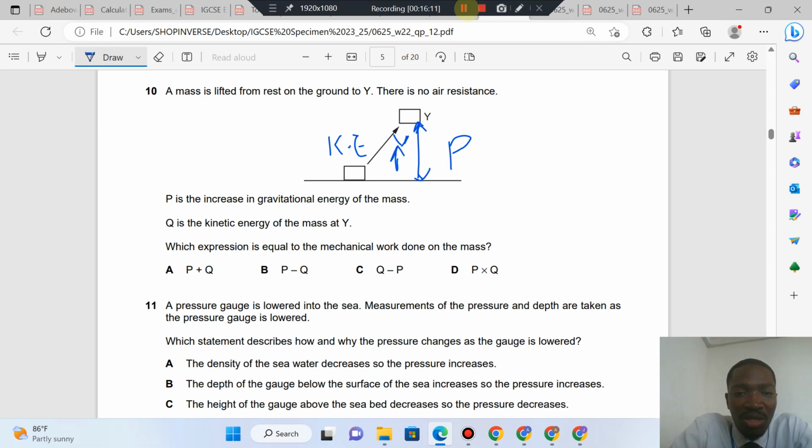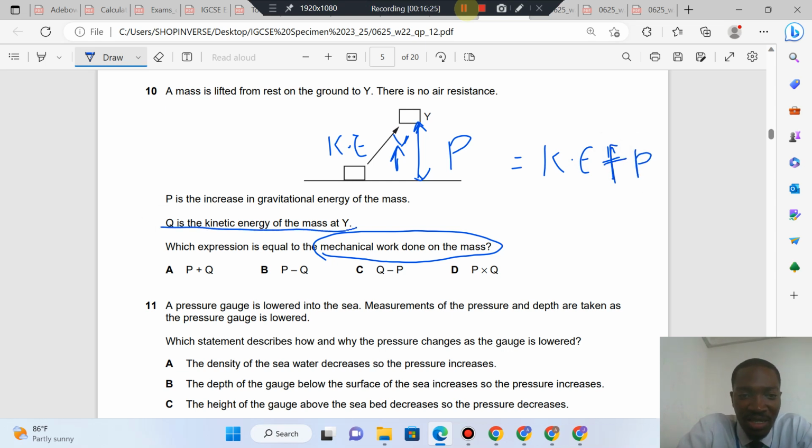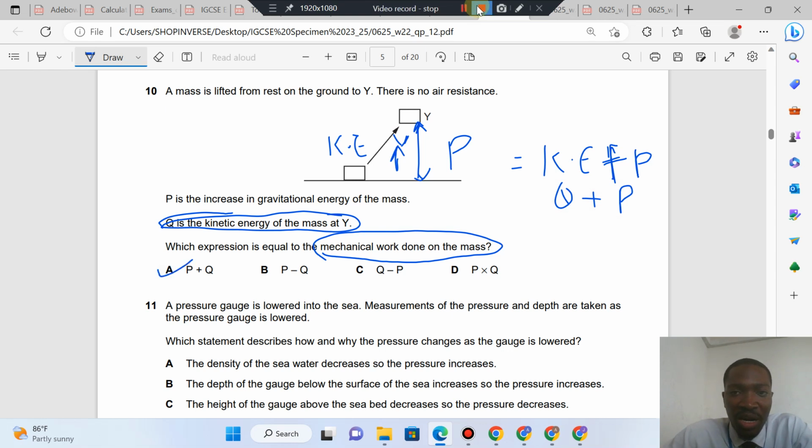So the total mechanical work done on the mass, the work you are doing on that mass, will be the kinetic energy you are giving to the mass plus the potential energy you are adding to the mass. Remember that Q represents kinetic energy. So you just do Q plus P. That's the expression that gives you the total mechanical work done on the mass.